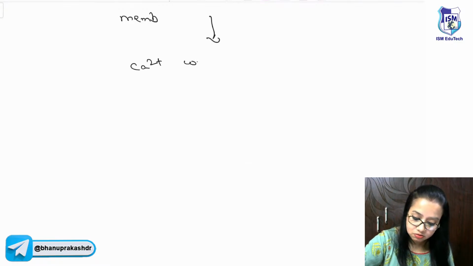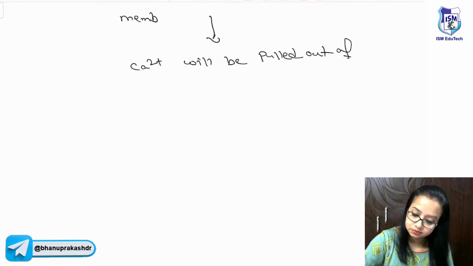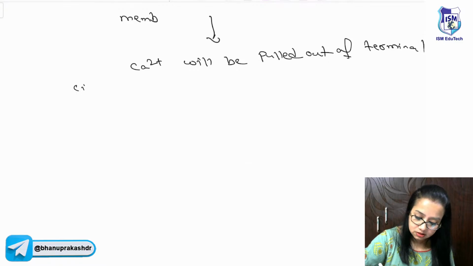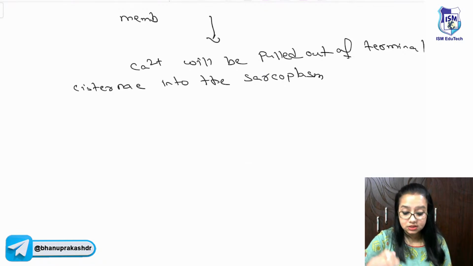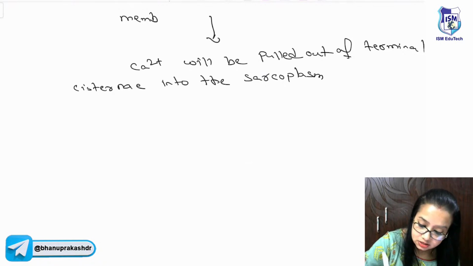Calcium will be pulled out of the terminal cisternae into the sarcoplasm.